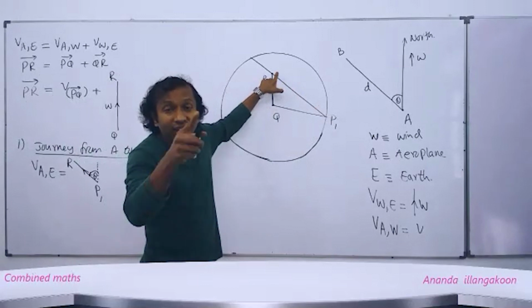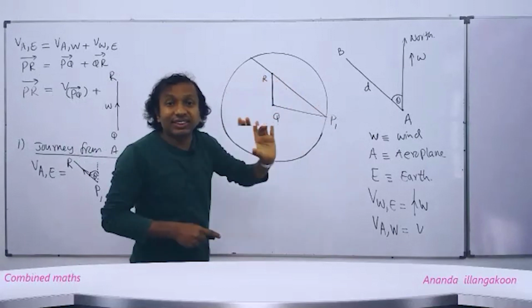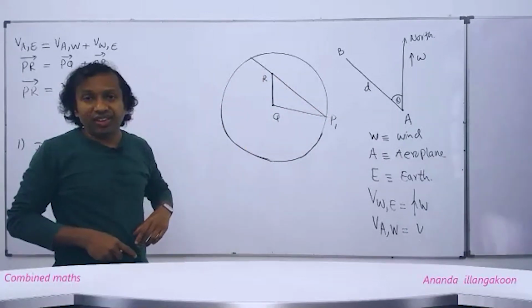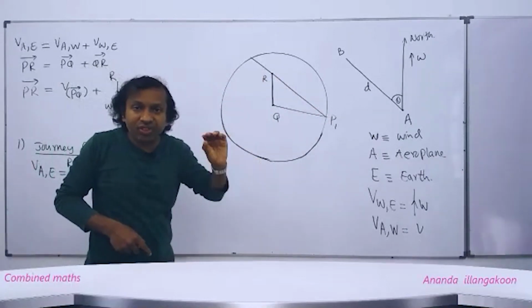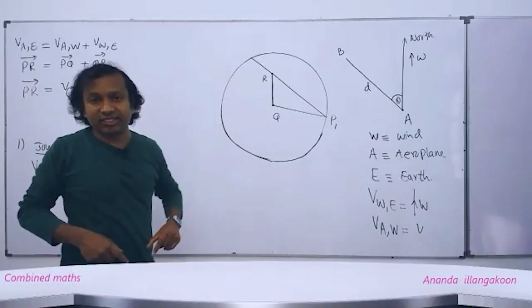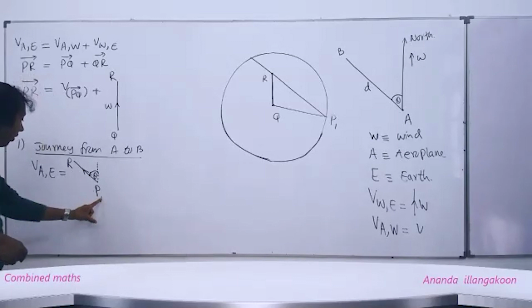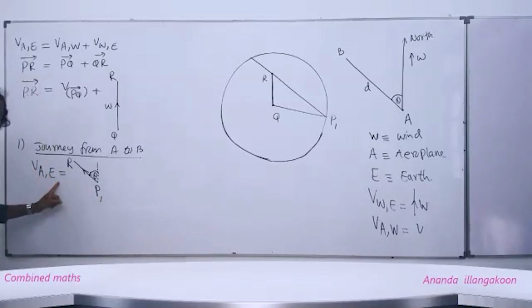By the P1R length, you get the size of the velocity. What is that? The resultant velocity. In other words, the velocity of the aeroplane relative to Earth. Understand? Right. P1R gives the velocity of the aeroplane relative to Earth when it moves from A to B.